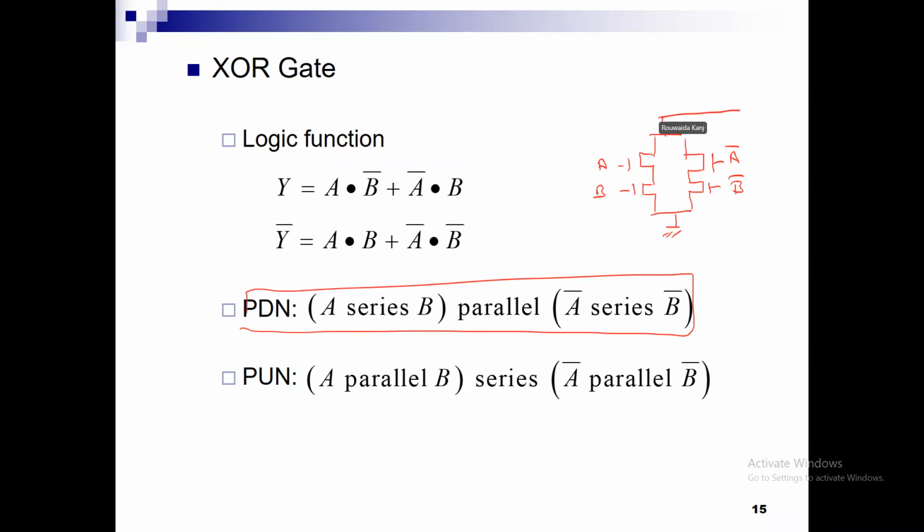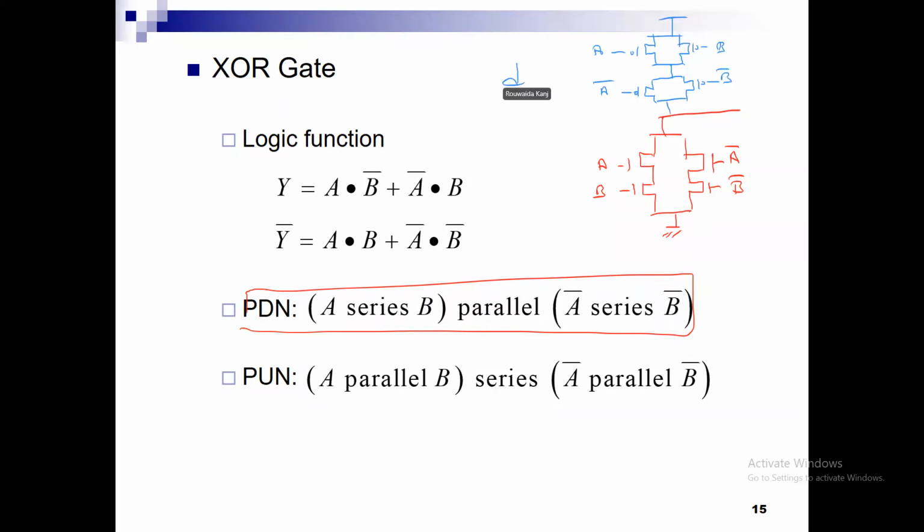The pull-up network will be the dual, so I will have A in parallel with B, and then this in series with A bar in parallel with B bar, and this will connect the output to VDD.